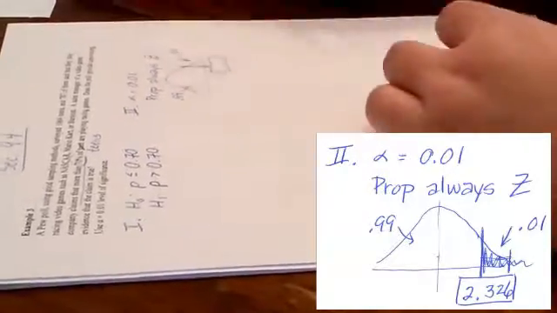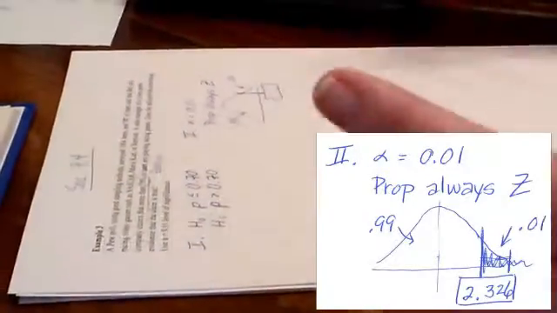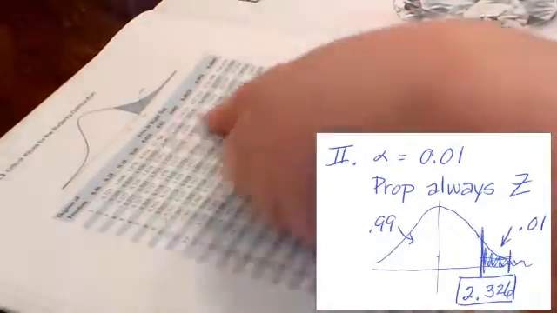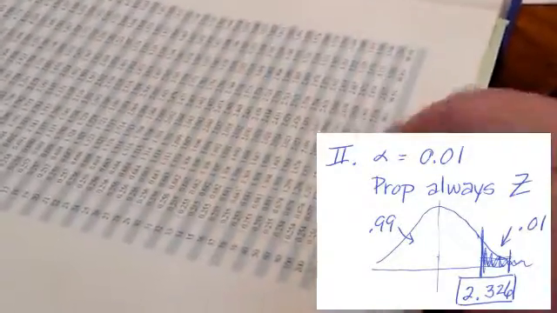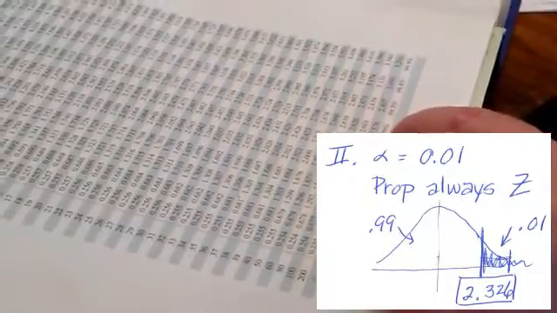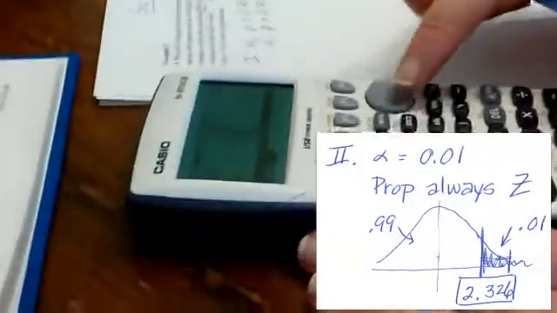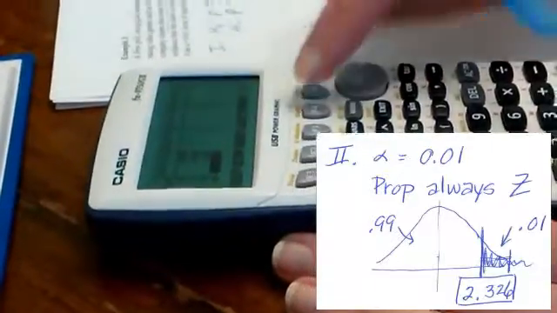And because this is a z-score, I can look this up on the table. Actually, let me show you where that is in case I wanted to do that. I can look up 0.01 and go all the way to the bottom where it says z and look that up. It says 2.326. But we can also do this one on the calculator. I just have my Casio.